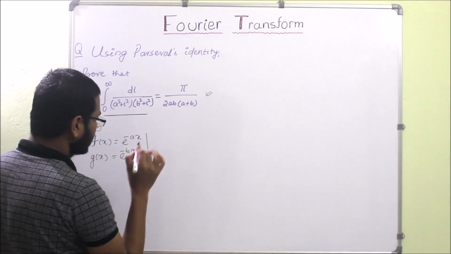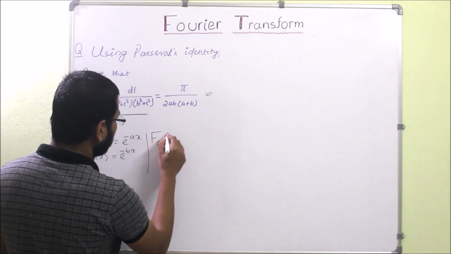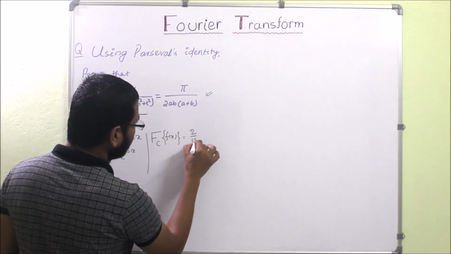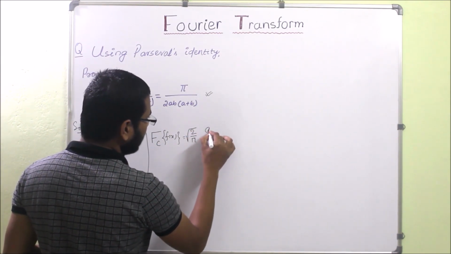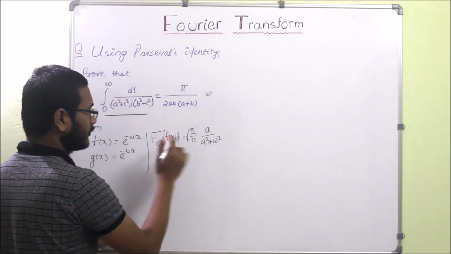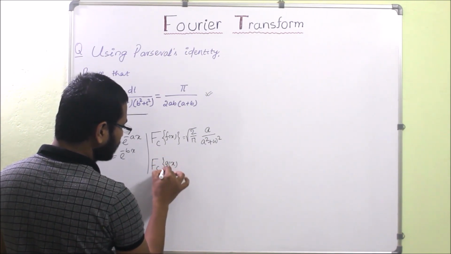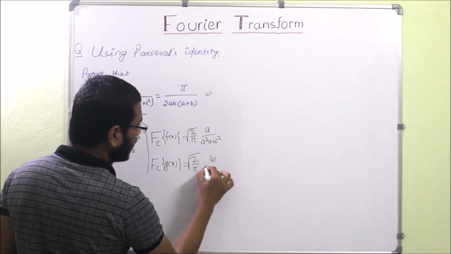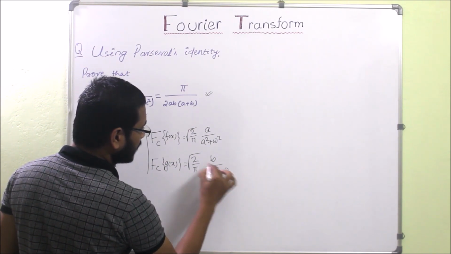We know that the Fourier cosine transform of f of x is square root of 2 by pi into a by (a square plus w square), as we are doing with w. Similarly, the Fourier cosine transform of g of x will be square root of 2 by pi into b by (b square plus w square).